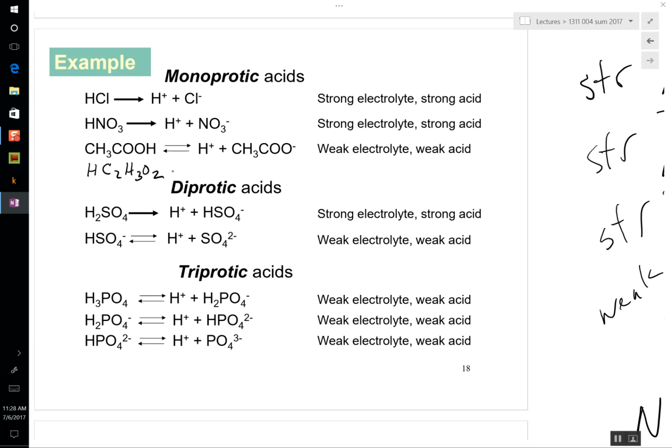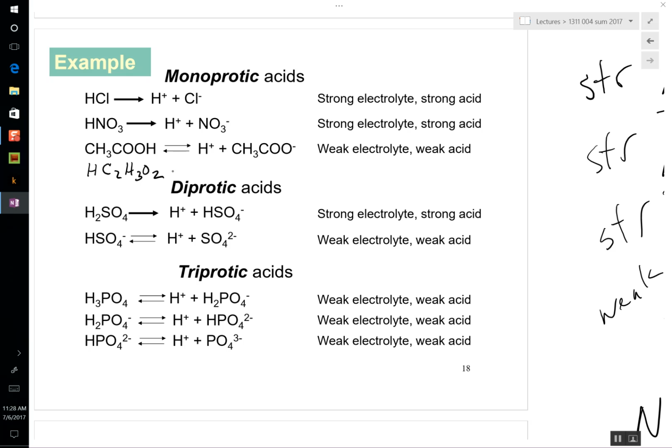An H plus ion is a proton. Remember, the hydrogen atom is a proton and an electron. It loses its electron, so the H plus ion is a proton. That's why we call them protic. So monoprotic, they give off one proton.